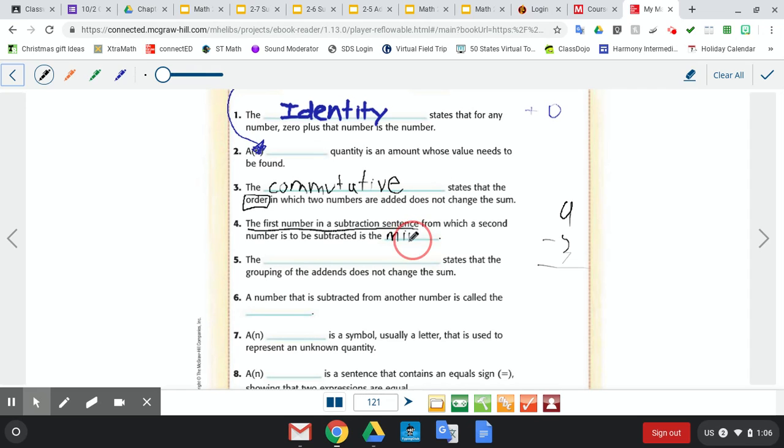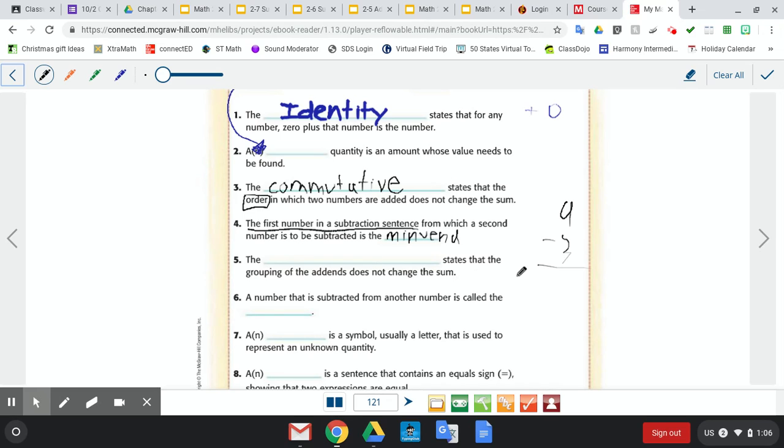Minuend, subtrahend, minuend, subtrahend. That's how I remember where they're located. I say minuend with a high voice and subtrahend with a low voice because minuend's on top and subtrahend is on the bottom.